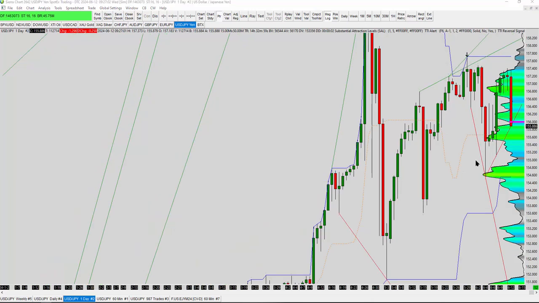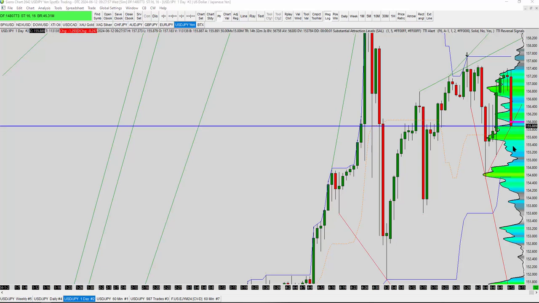You see, we have, let me explain. We have this zone of volume profile and we have this zone of volume profile, and the price is trying to break it. So now if I mark this, this is a very important level. This is the entrance to the next zone.